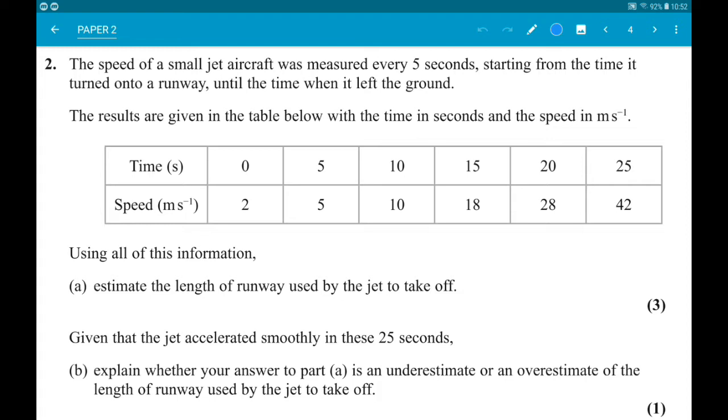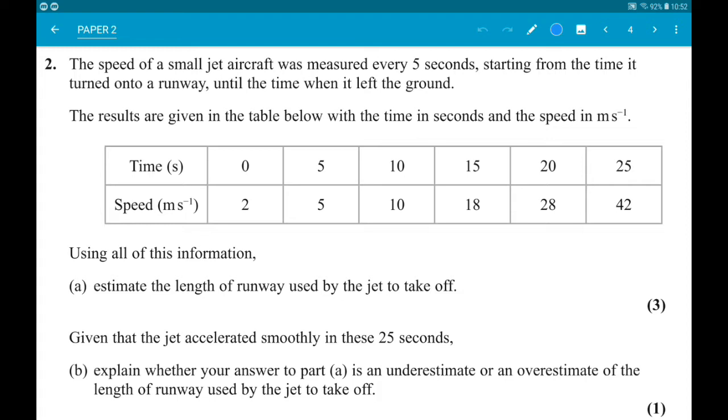Part A, using all the information, estimate the length of runway used by the jet to take off. Alright, now the mark scheme has about 7 different methods. There are a few different answers they would accept.